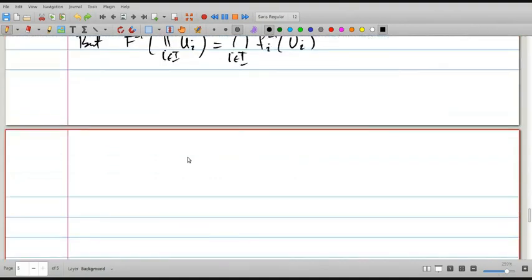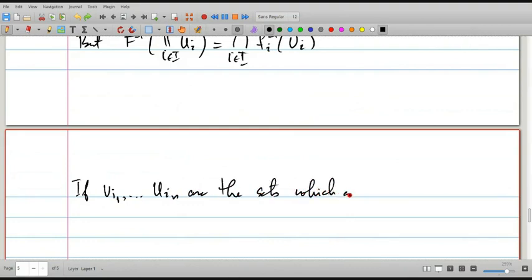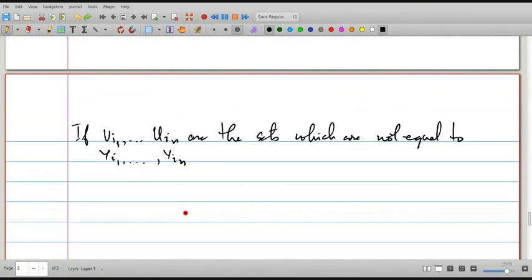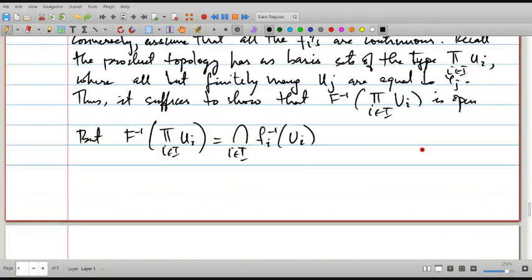So if U_i1 up to U_in are the sets which are not equal to Y_i1 up to Y_in, then, whenever j is not equal to any of these i1 up to in, this U_j is equal to Y_j, and f_j inverse of Y_j is all of X. So this piece is just going to be X.